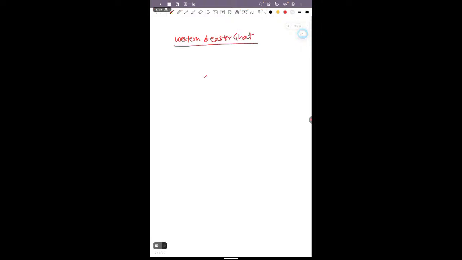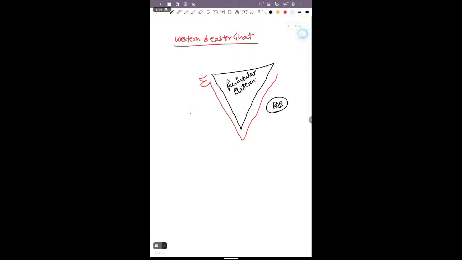this is the map of India, and this is the Peninsular Plateau. This is the Bay of Bengal, and this is the Arabian Sea region.